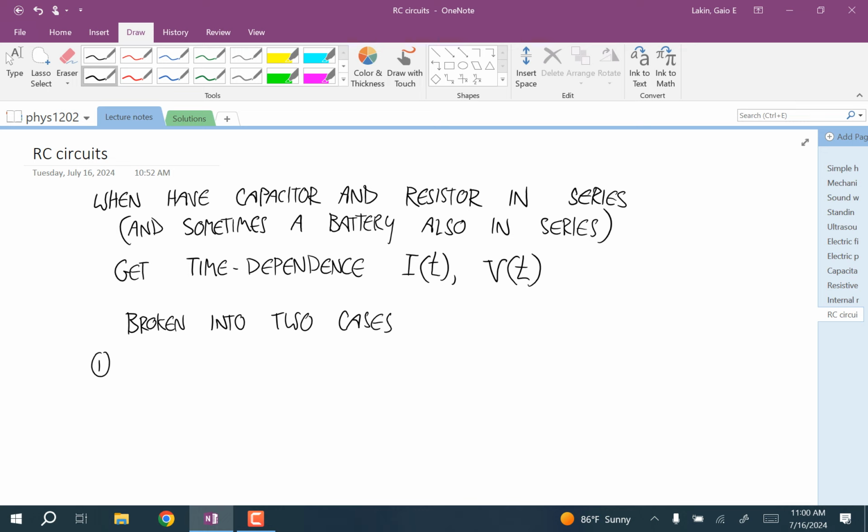The first one is if you connect to a battery to charge the capacitor.